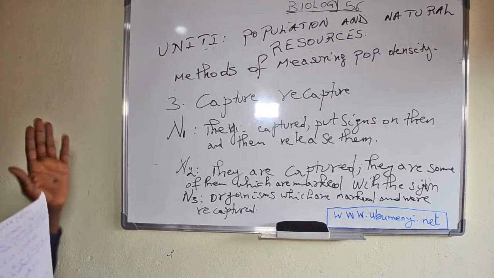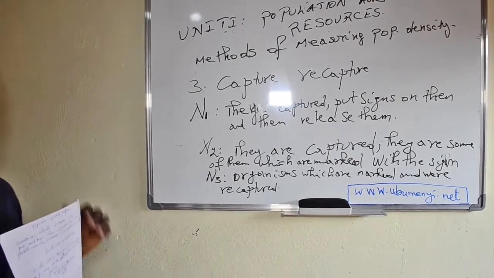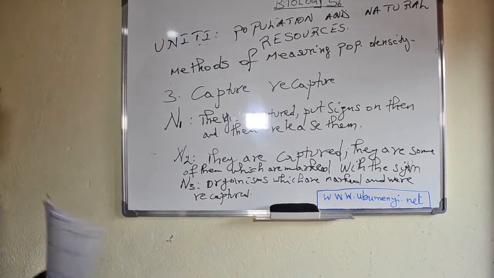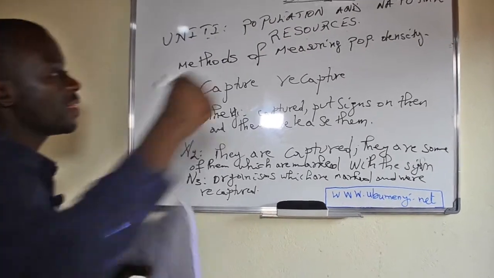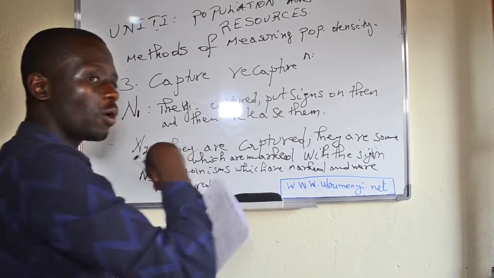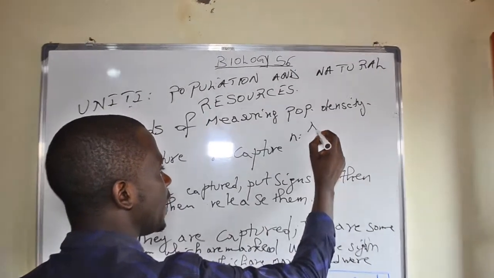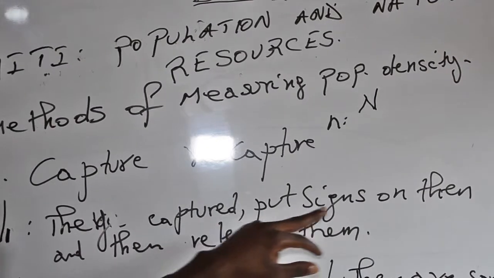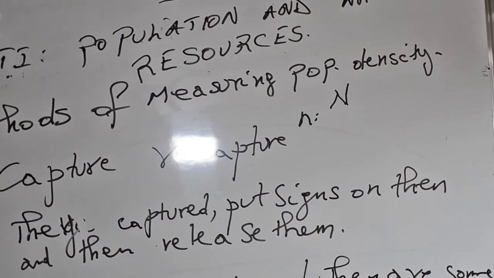So after having all this data, you make a calculation. In the capture recapture method, N is the number of organisms, and N1 is the number of organisms that you caught for the first time and put signs on.